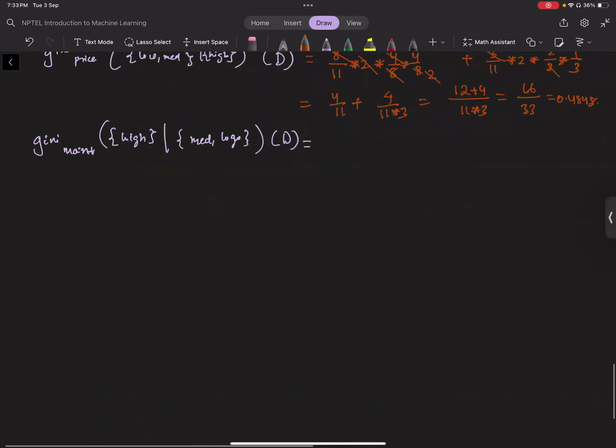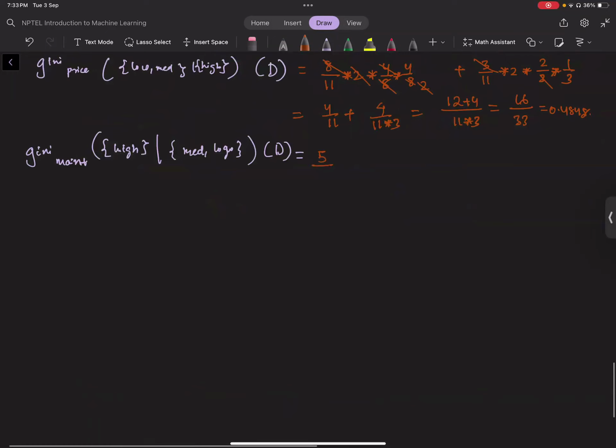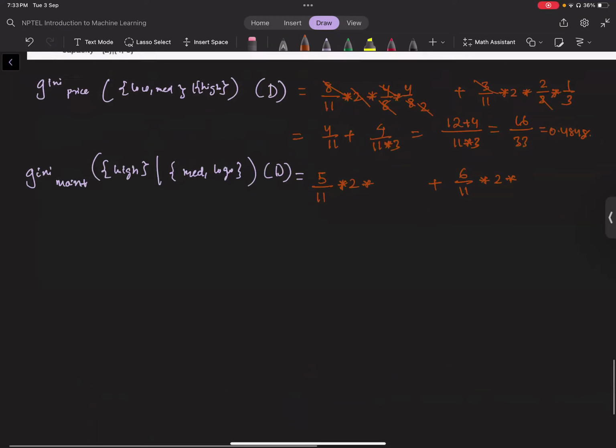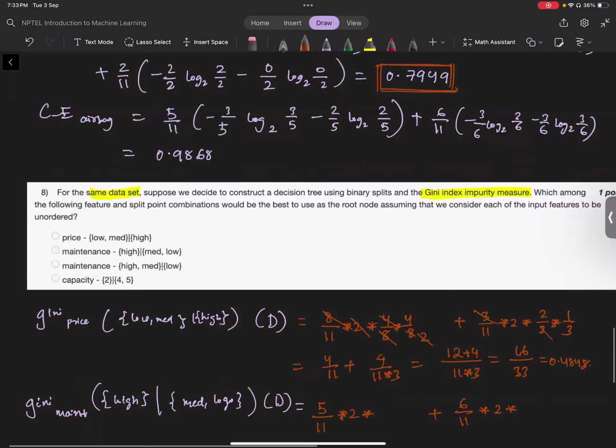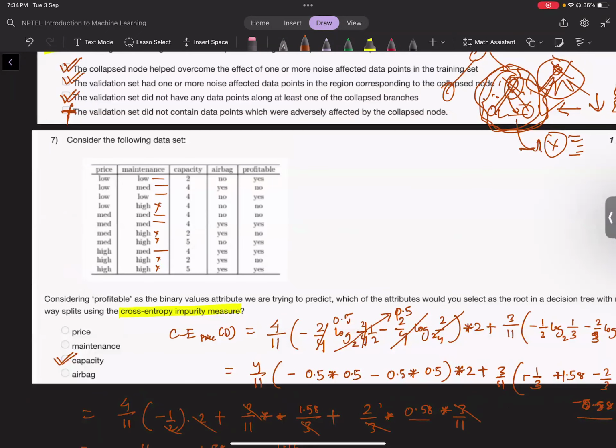It would be 5 by 11 plus the rest would be 6 by 11, medium and low. Okay. Into 2 into 2. Then we'll see what's the value for high. So for high, 1, 2, 3, 4, 5.